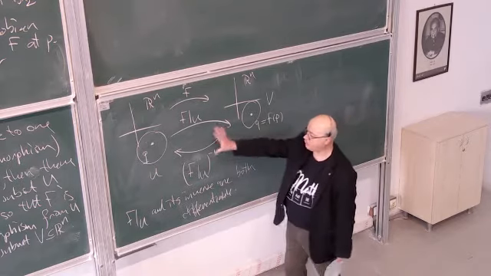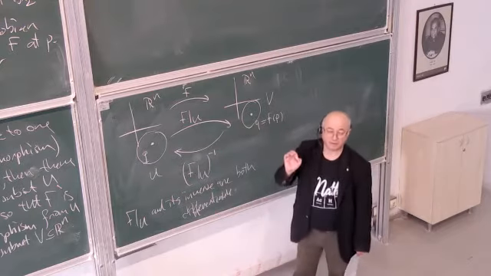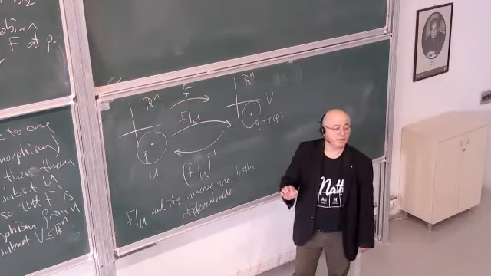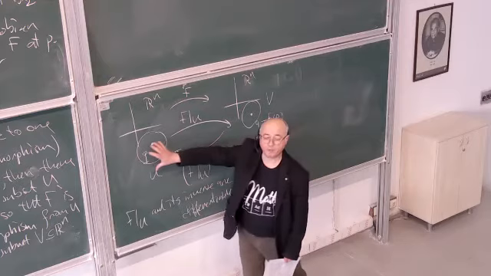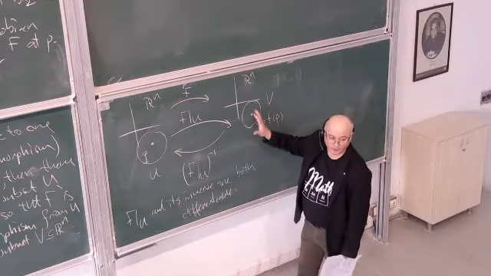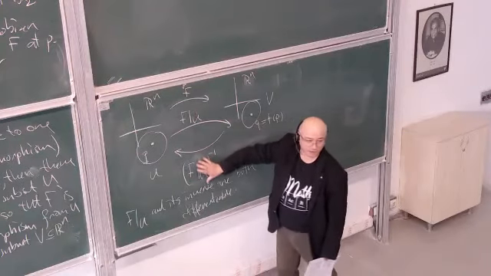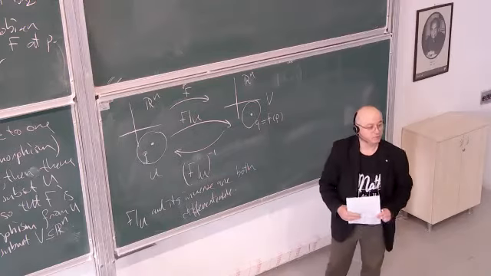And if you have this situation, then we say that F is a diffeomorphism, okay? So what's a diffeomorphism? It's a map from an open set to another open set. It is one-to-one and onto, and both the function and its inverse are infinitely many times differentiable, okay?